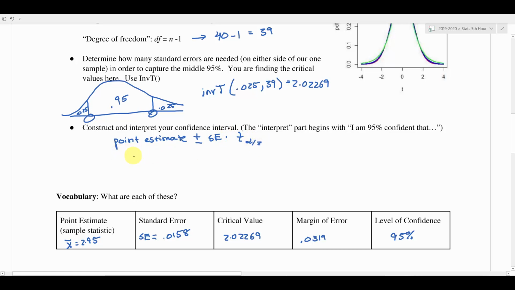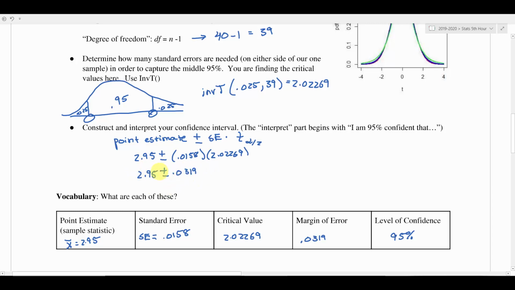So our point estimate is 2.95, plus or minus our standard error, which is 0.0158, times our critical value of 2.02269. We essentially have our confidence interval here. We just need to multiply our two values, which gives us 2.95 plus or minus 0.0319, which is our margin of error. So there's our confidence interval.